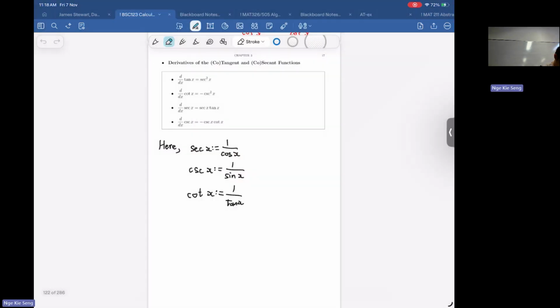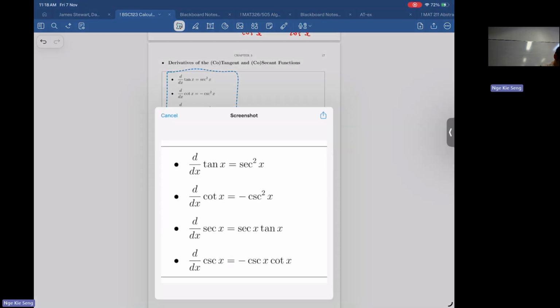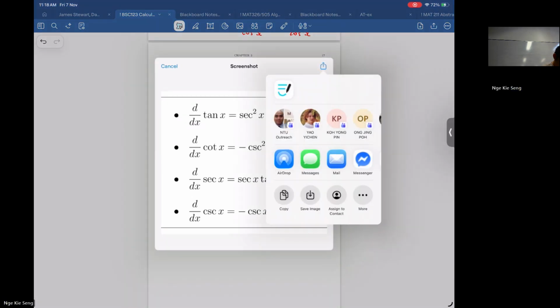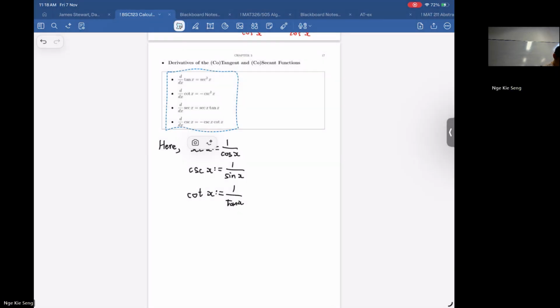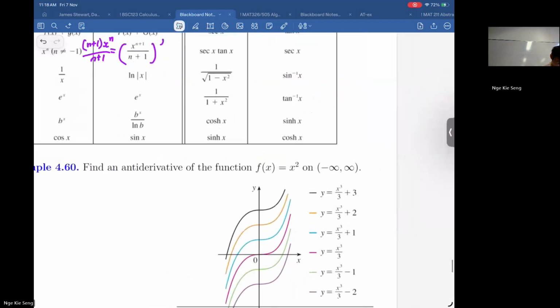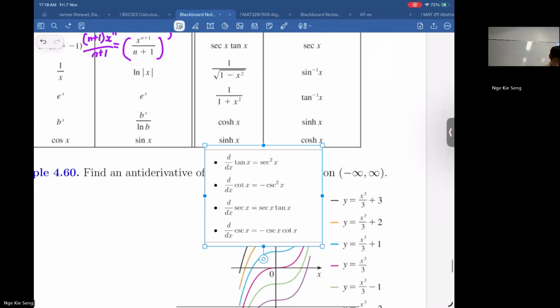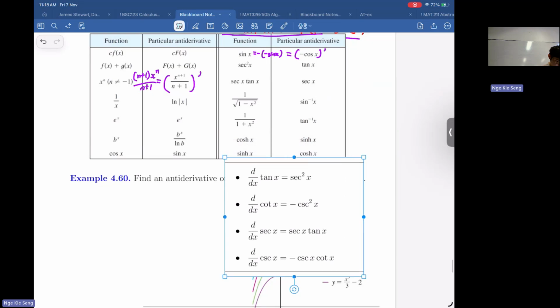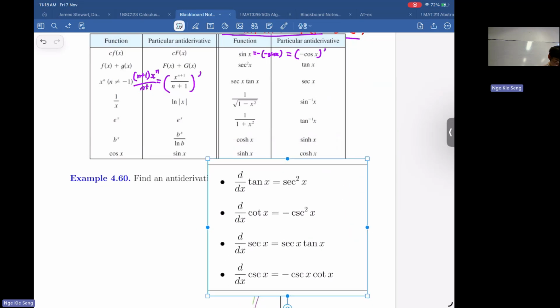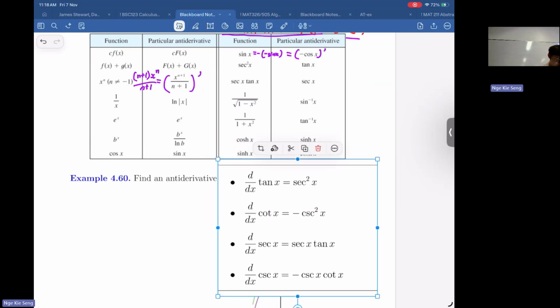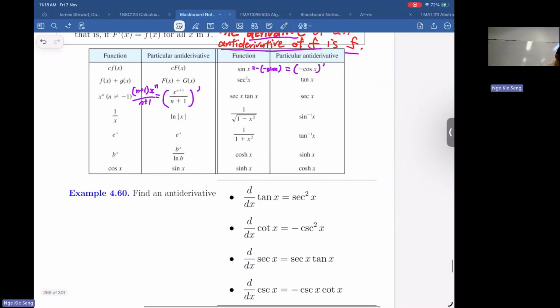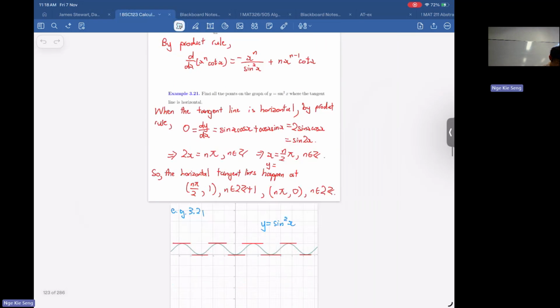I think this one is enough. Let's bring this first. Okay, so you can see that this is like an opposite table to the one you have for derivative. Can I find the sine inverse one?